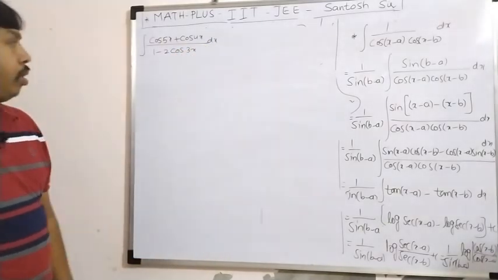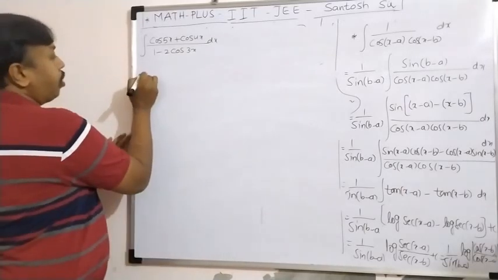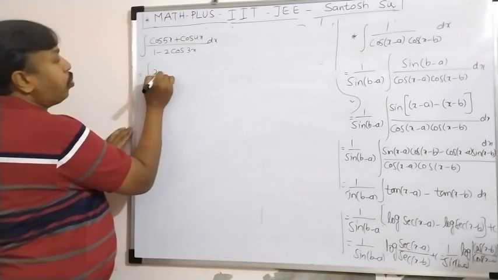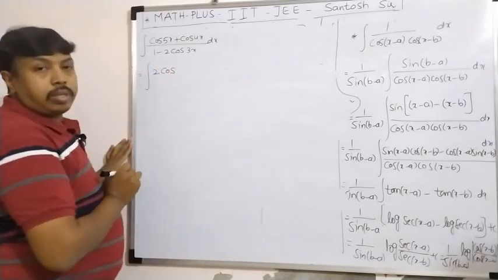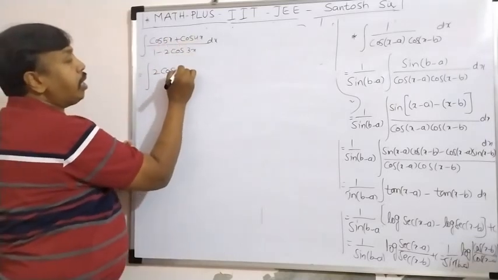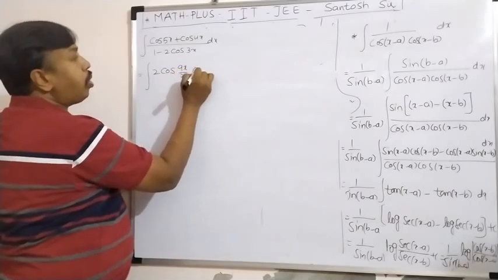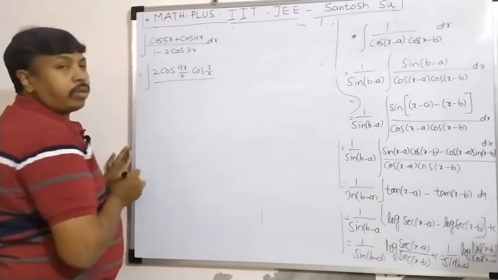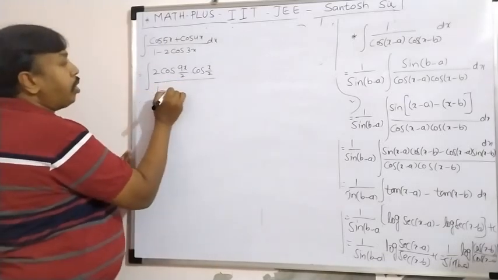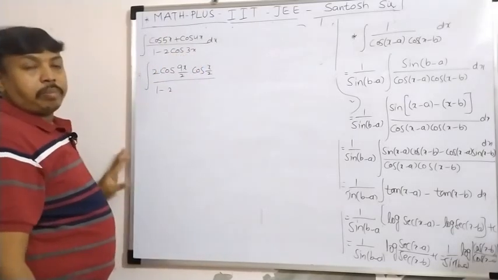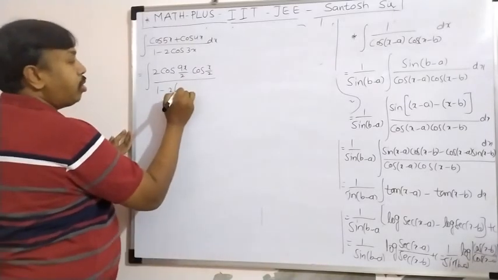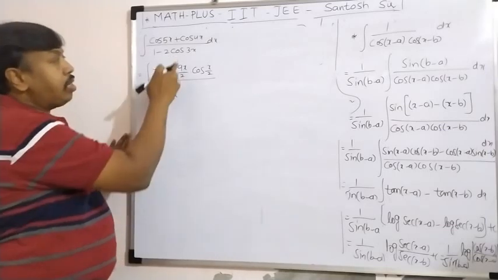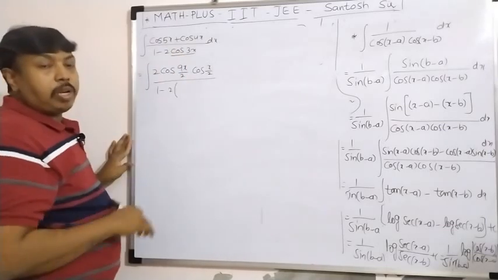Now see here, cos C plus cos D, everybody knows, is 2 cos((C+D)/2), that is 9x by 2, into cos((C−D)/2), that is x by 2, upon 1 minus 2 cos 3 theta. Here I am writing everything in terms of submultiple angles.